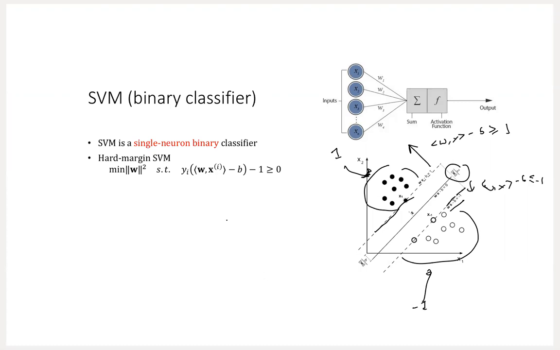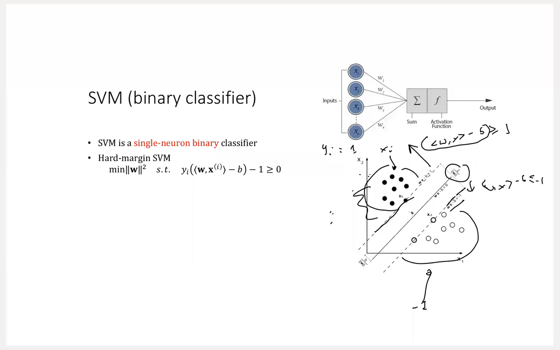So then we can summarize this condition, that we want to make sure all this data falls on this side. Let's say I have any data point xi, and I know the label yi is equal to 1.